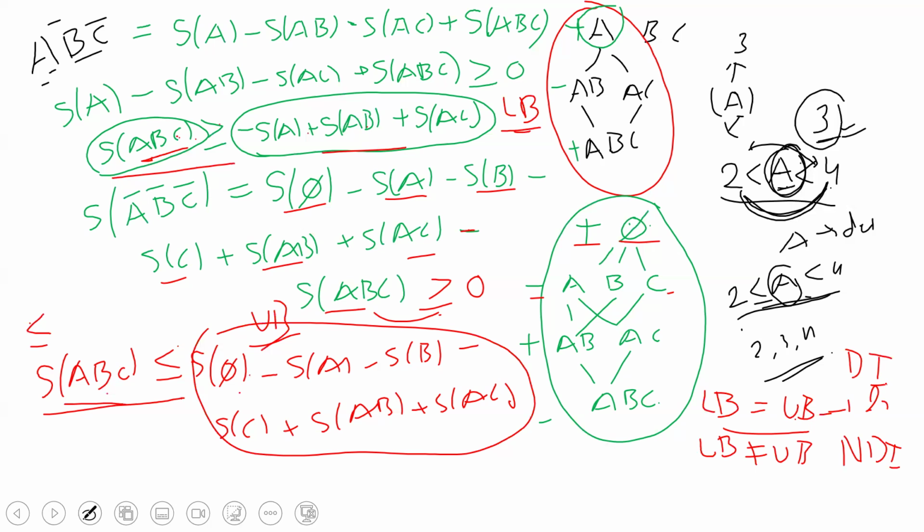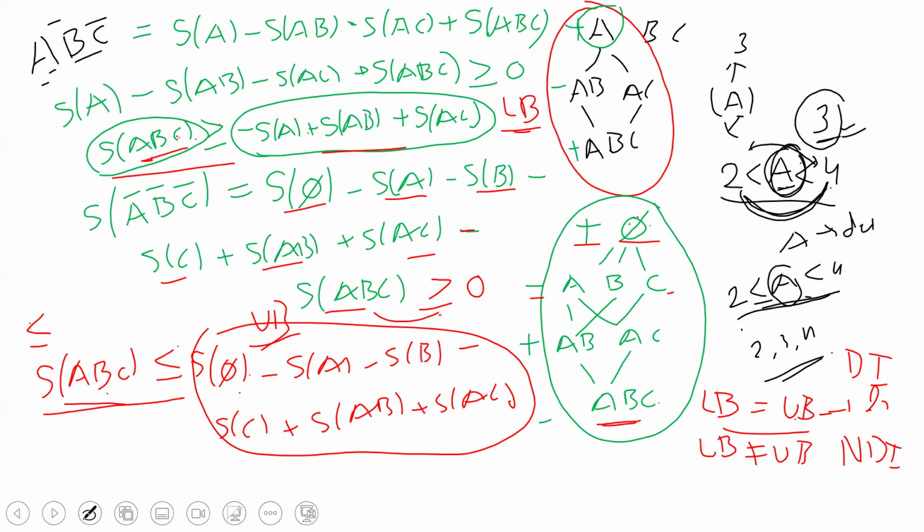Now, if you carefully look at the way we have derived this, how did we come up to S of ABC? We started from this and went to this. Let me go to the next slide and show you how to actually find it out.